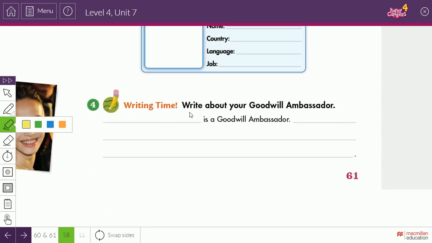Write about your Goodwill ambassador. For example, I choose Abdelghani Al-Khairat is a Goodwill ambassador. He lives in Morocco. He can speak Arabic, English, and Spanish.